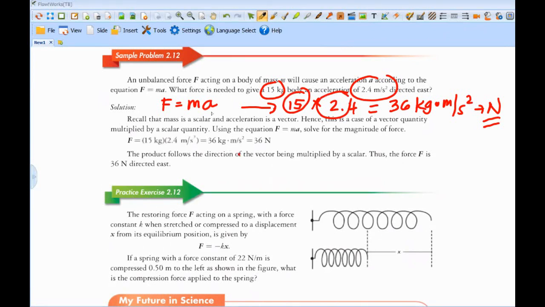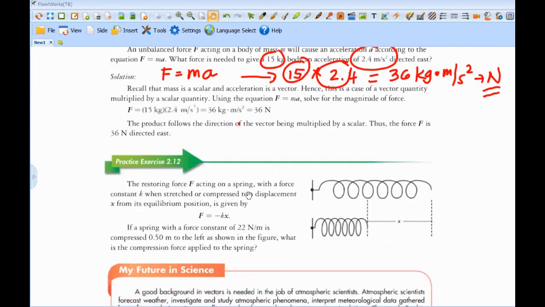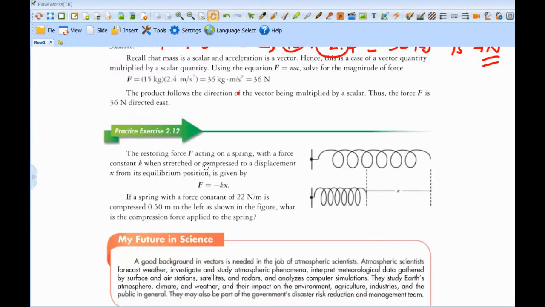So now let's do practice 2.12. The restoring force F acting on a spring with a force constant k, when stretched or compressed to a displacement x from its equilibrium position, is given by F equals negative kx.